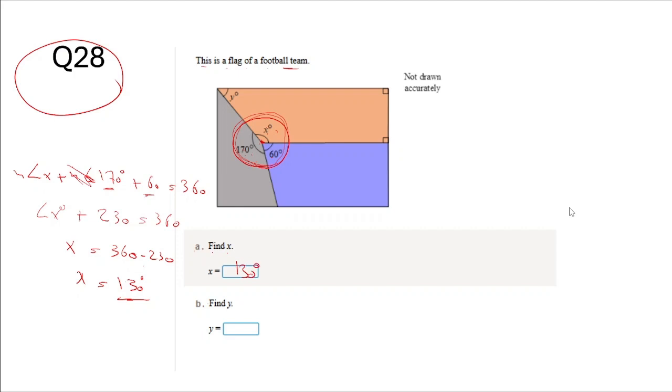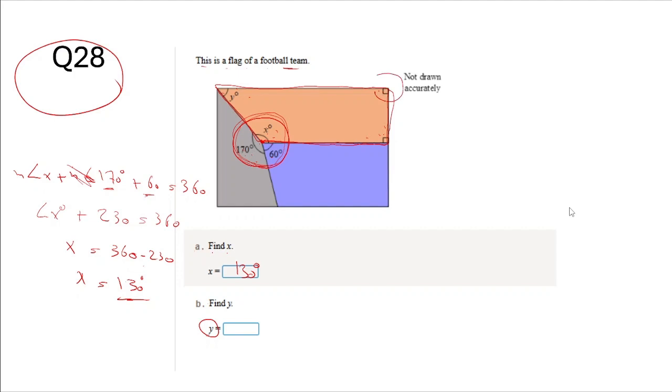Okay, find y. To find y here, the total angles of this shape would be 360 also.